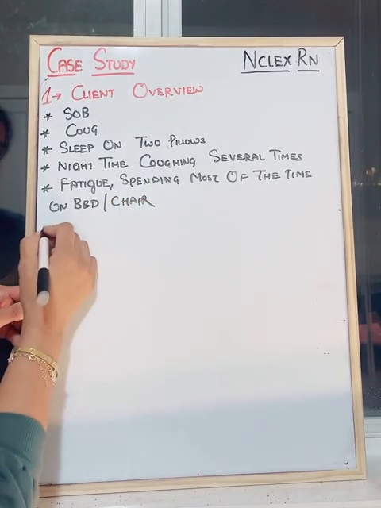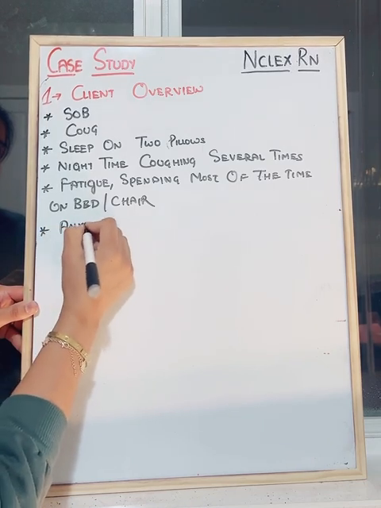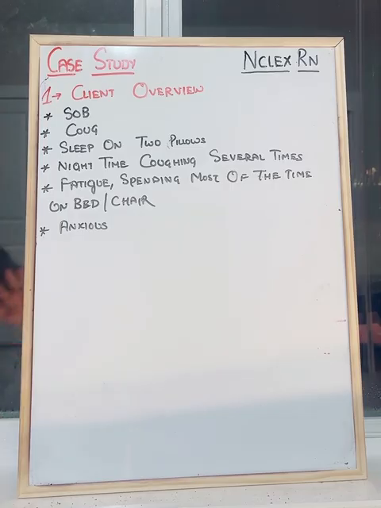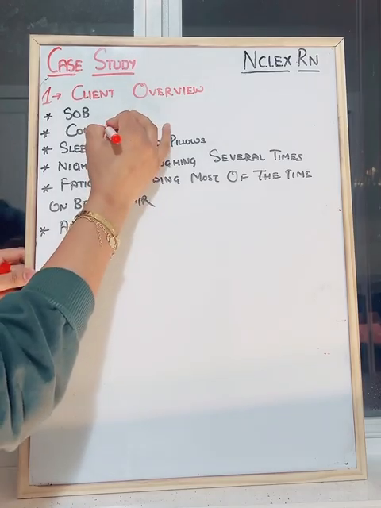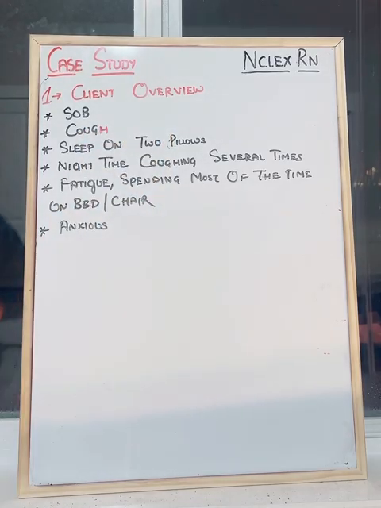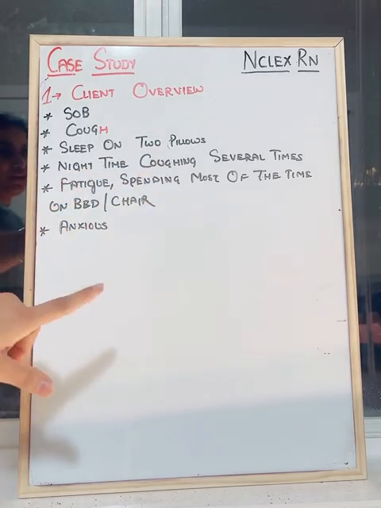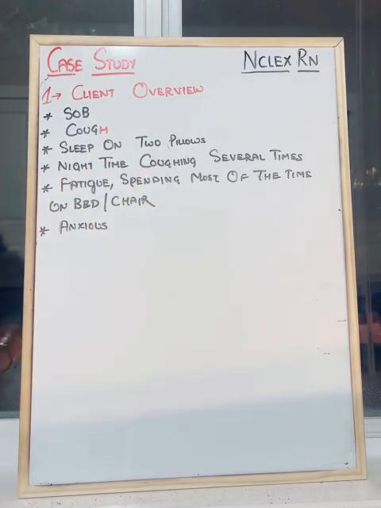Number 6 was anxious. This was the overview for the patient. This is how we're going to write down the things in our side notes. If you see the case study, this is the client overview: shortness of breath, cough, sleeps on 2 pillows, nighttime coughing several times, fatigue, spending most of the time on bed or chair, and then anxious. So what was the past medical history here?